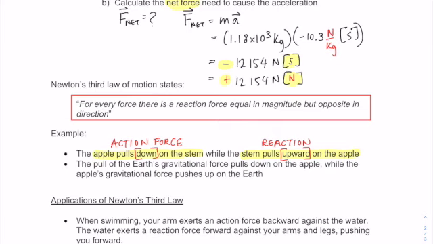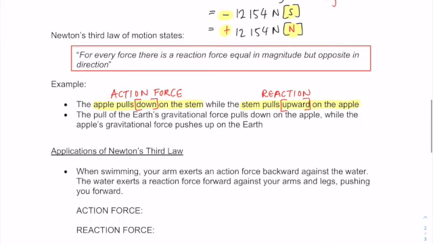When swimming, your arm exerts an action force backwards on the water. And the water exerts a reaction force forward against your arms and legs, pushing you forward. So if you need to swim forward, you have to push backward against the water. And that will make the water push you forward.